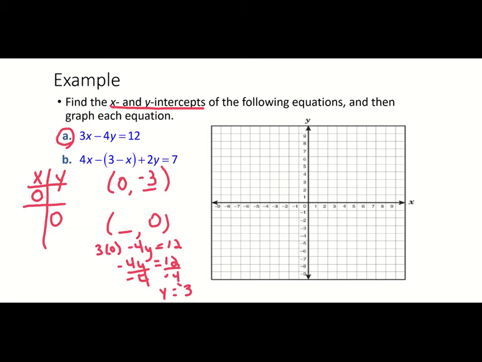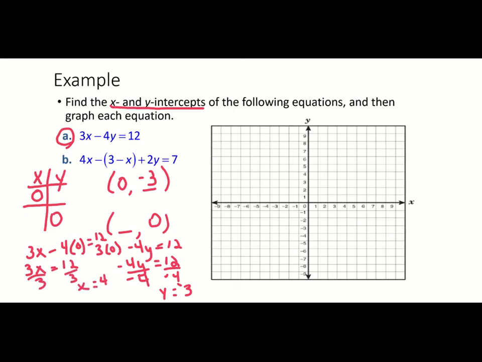Okay, and then for my x-intercept, we're going to plug in a 0 for y. And so I end up with 3x equals 12, divide by 3, and x will be 4.